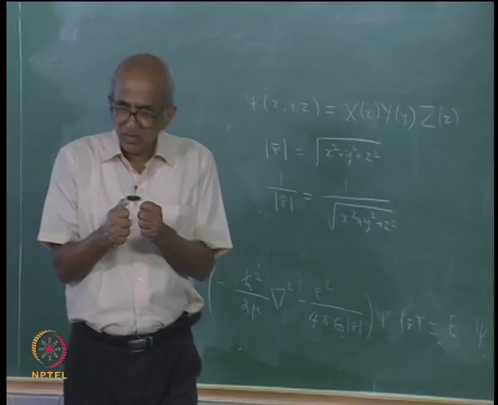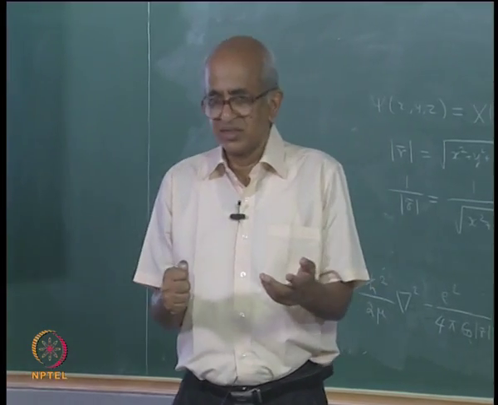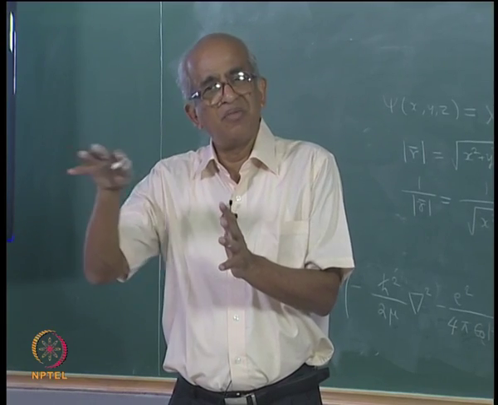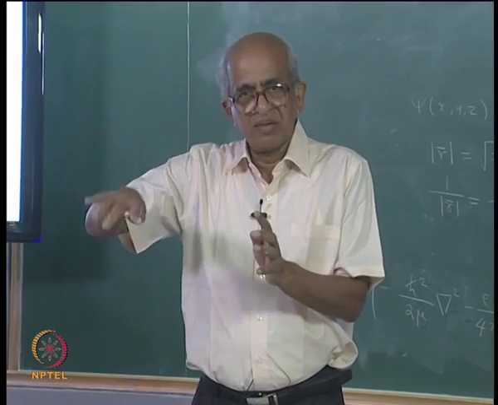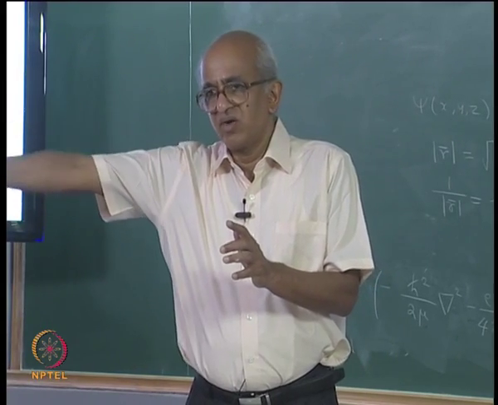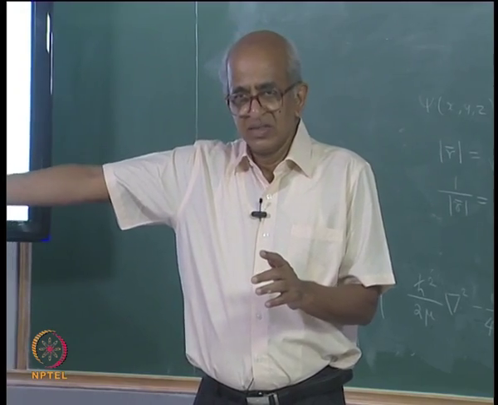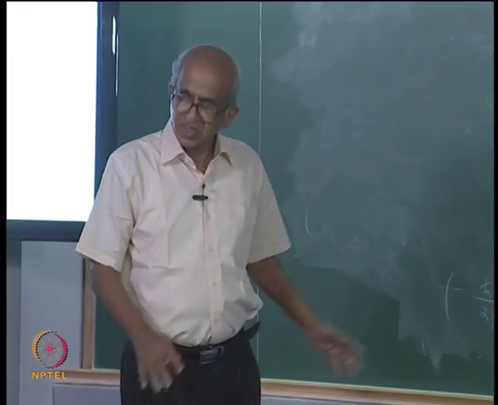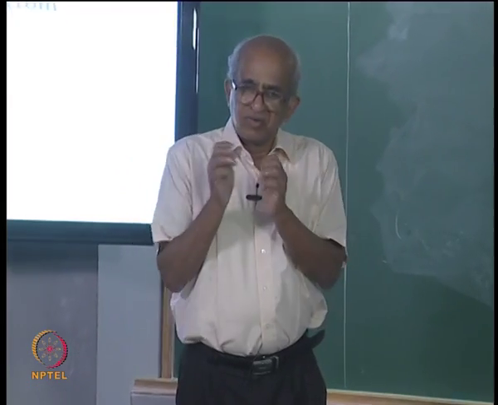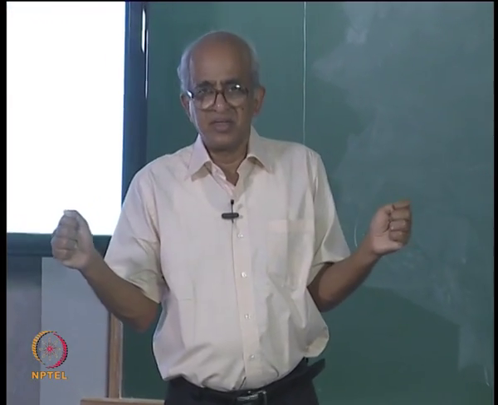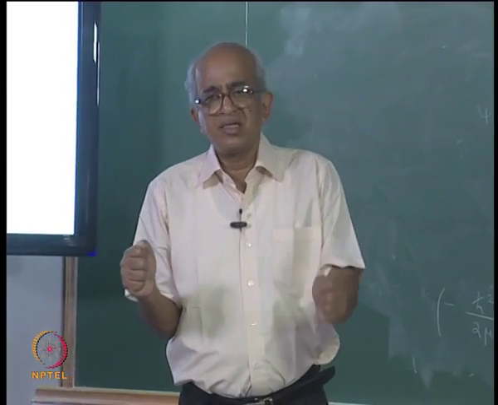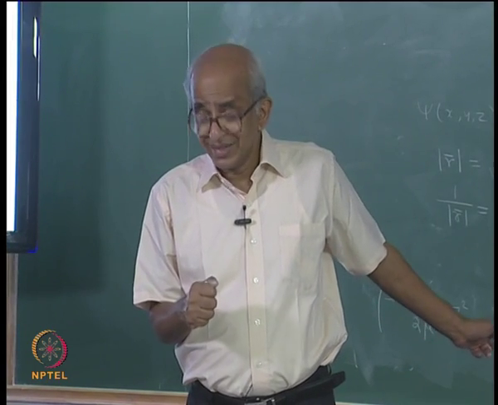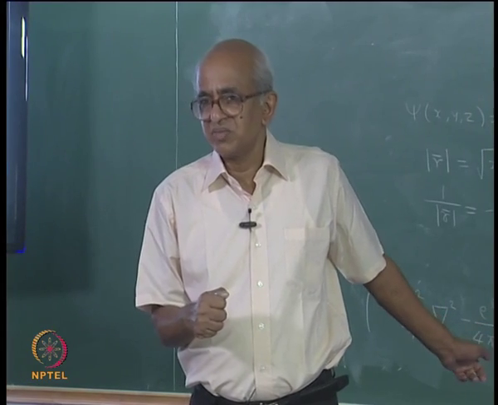If the method of separation of variables is to work in Cartesian coordinates, then it should be possible for you to write the potential energy of the system as the sum of separate terms, one depending only upon x, the other only on y, and the third only on z. That obviously is not possible with this potential. That is why the method of separation of variables will not work. If it was possible to separate the potential into 3 separate parts, then it would have been possible to separate the variables in the Cartesian coordinate system, but that is not the way this potential is.